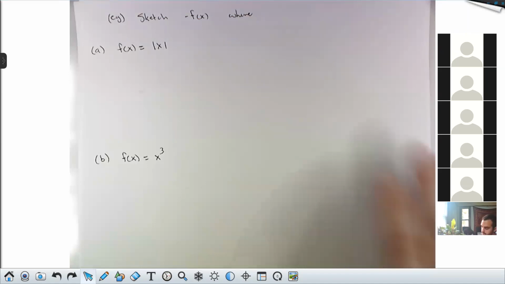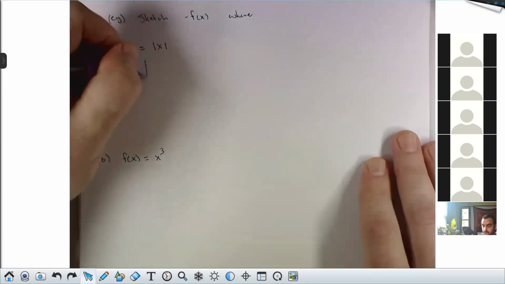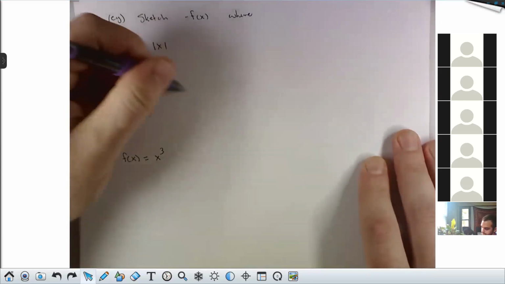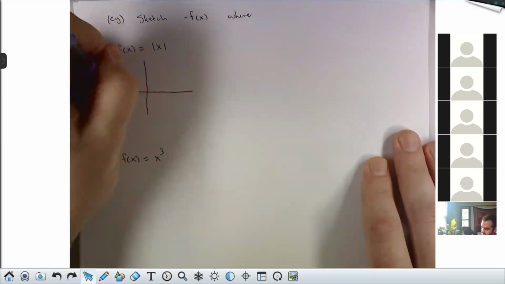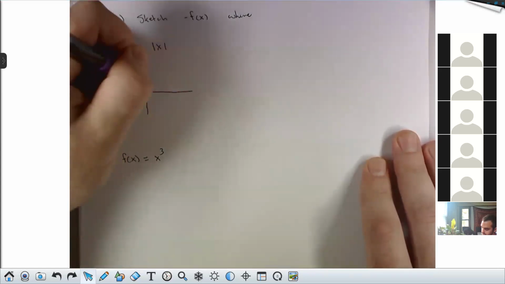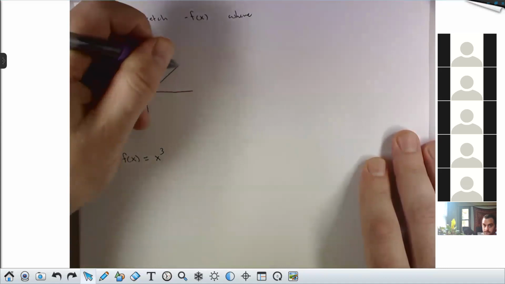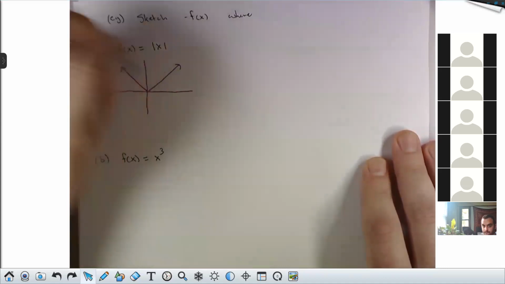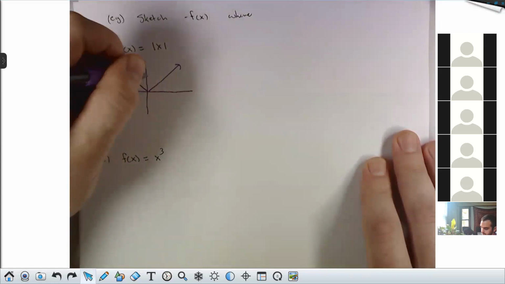If I start with the absolute value function, whose graph we know, it's this V shape. Slope over there is -1, slope over here is +1. Some points on the graph.